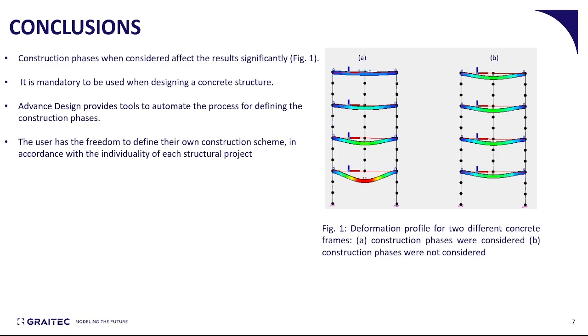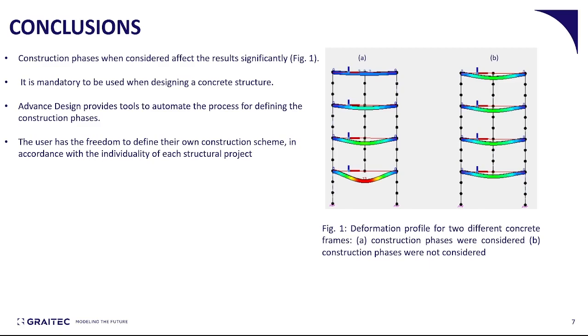The advanced design provides tools to automate the process of defining the construction phases, and there also exists the manual definition of construction phases in case there is a project that diverges from the typical multi-story building, and the construction phases need to be added in a different way and maybe manually.